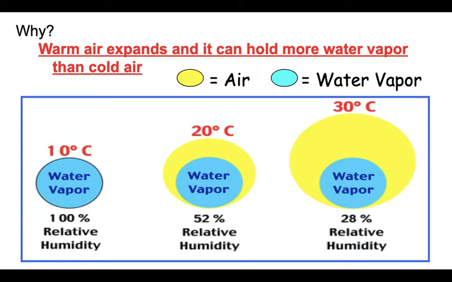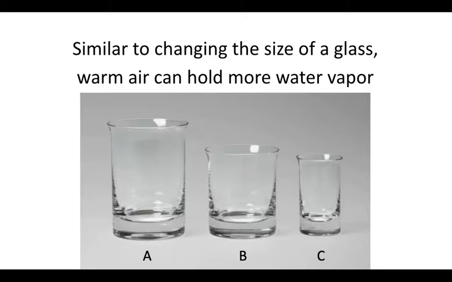So this is why on warm days, it can end up being a lot more humid than on cold days. Similar to changing the size of glasses, which will hold different amounts of water, warm air can hold more water vapor.